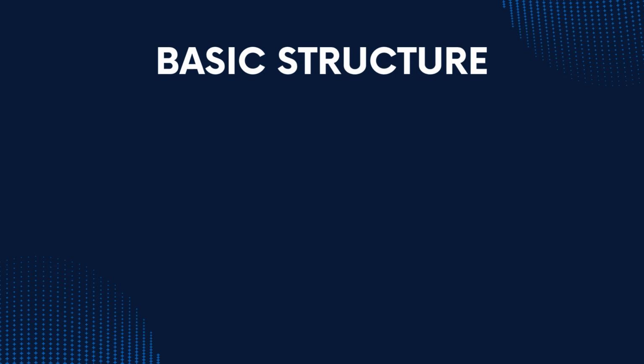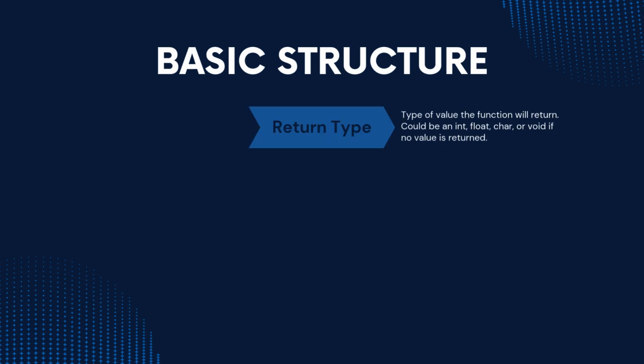So let's break down the basic structure of a function in C. A function typically has these components. Return type. It specifies what type of value the function will return. It could be an integer, float, character, or void if no value is returned. Function name.